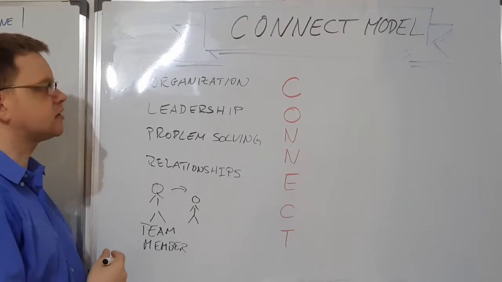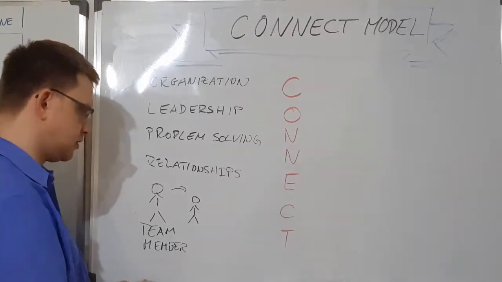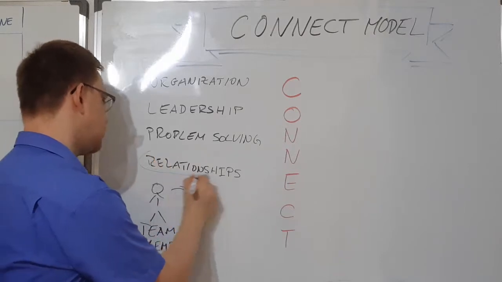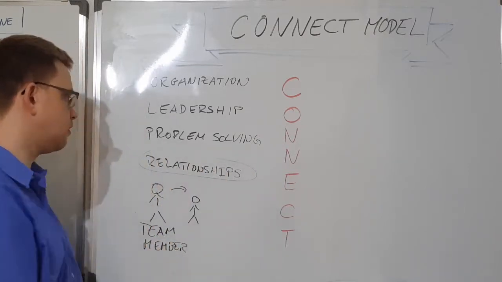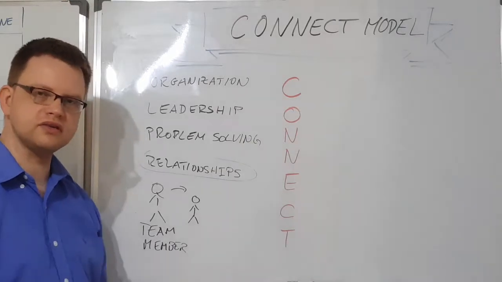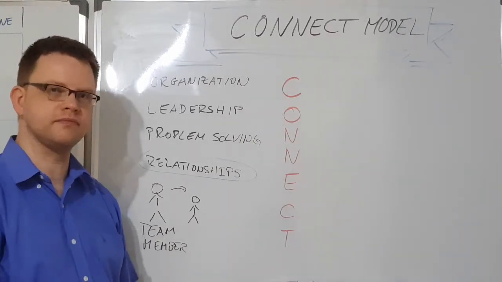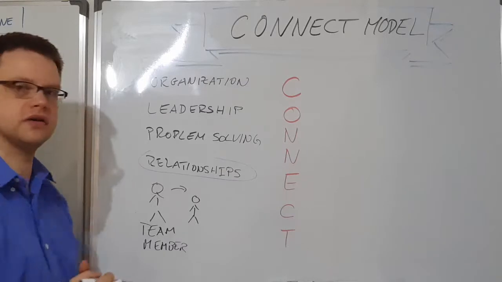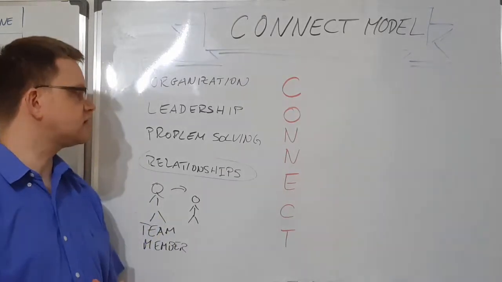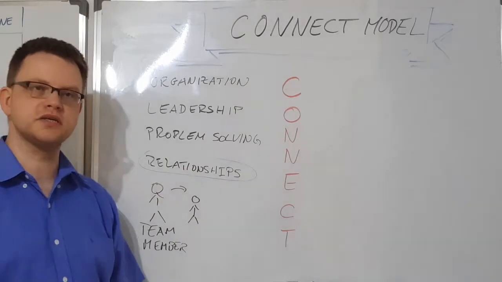So what the Connect model focuses on is really mostly the part of relationships, both within the team and surrounding the team. That's what's making this model interesting in comparison to the other models, is that it's clearly focused on relationship building.